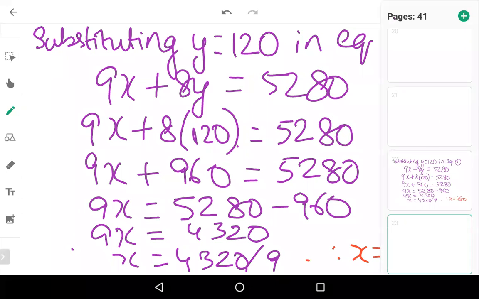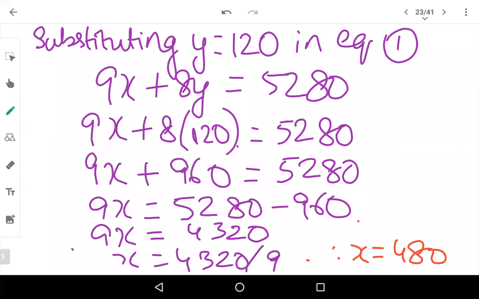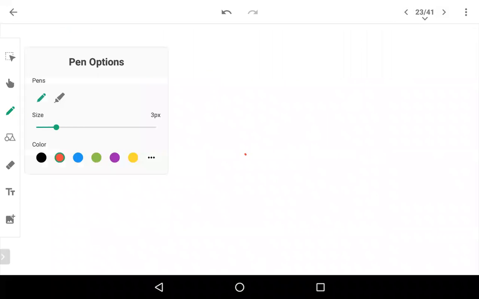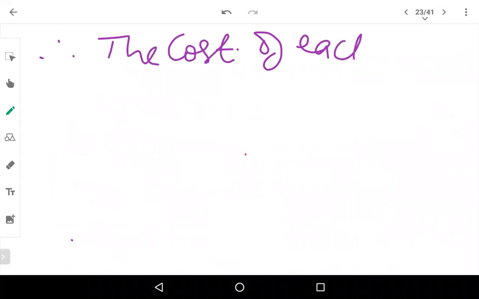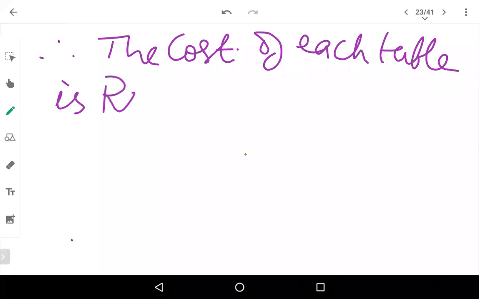Fine. So let us give the conclusion. Now what will the conclusion be? Therefore, the cost of each table is rupees 480.